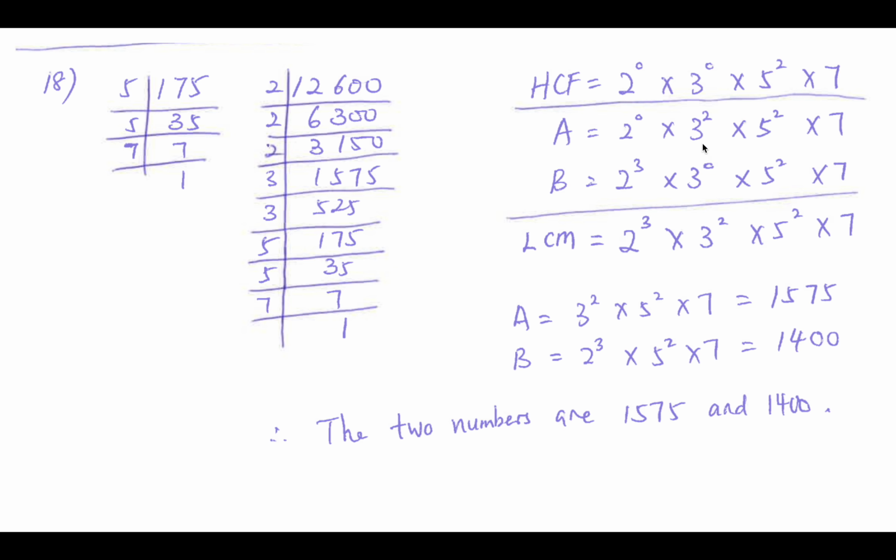So this time around, the larger value, 3 to the power 2, we give to A, and 3 to the power 0, let's give to B. As for prime factor 5, both are 5 squared, so 5 squared goes to both A and B, and 7 goes to both A and B. So from here, we can work it out. A is actually 1575 and B is 1400.